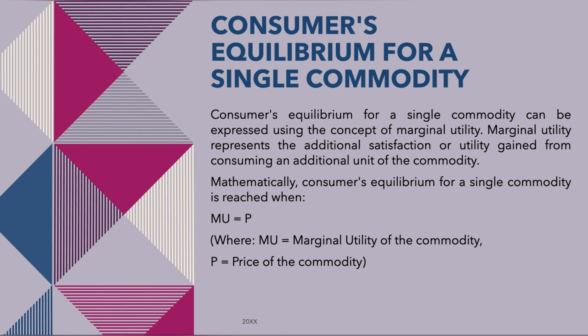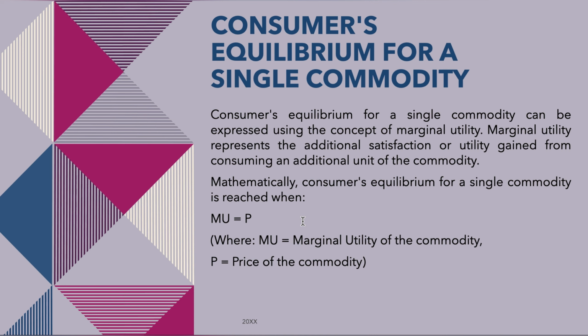When we talk about a single commodity, only one good, then how do we represent consumers' equilibrium? How can we express it in some mathematical form? So, as we've read, marginal utility is the additional utility, additional satisfaction that a person gets from consuming a good.